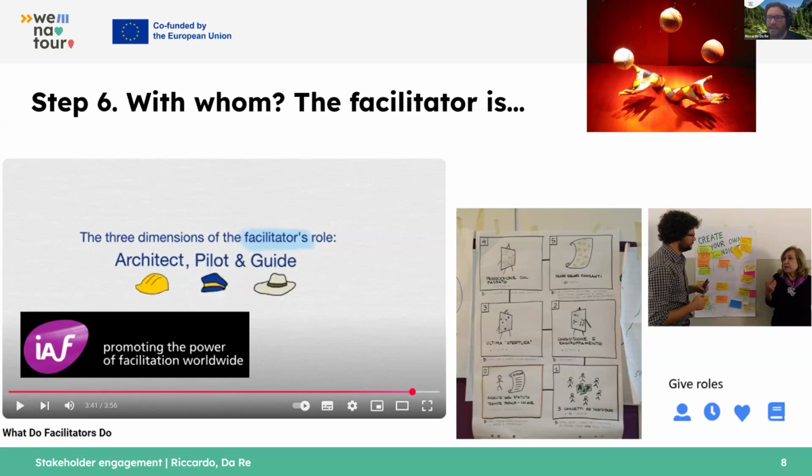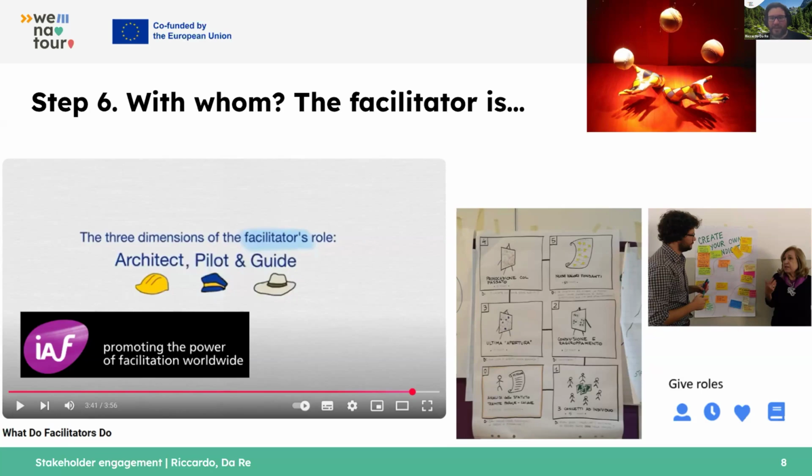And so the IAF, the International Association of Facilitators, says that a facilitator is like an architect, because he or she plans the agenda and designs the process.